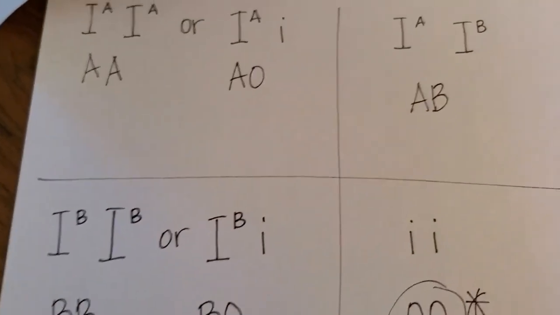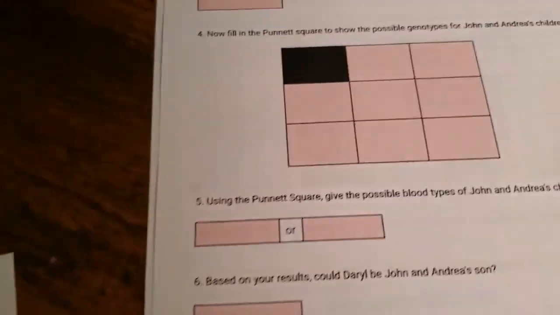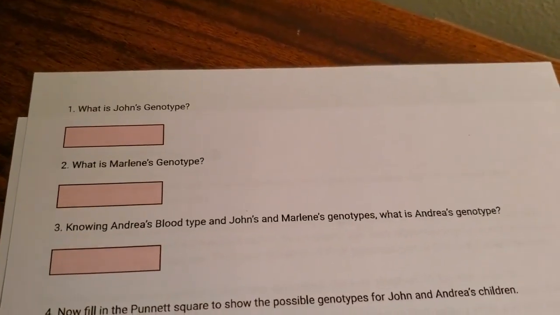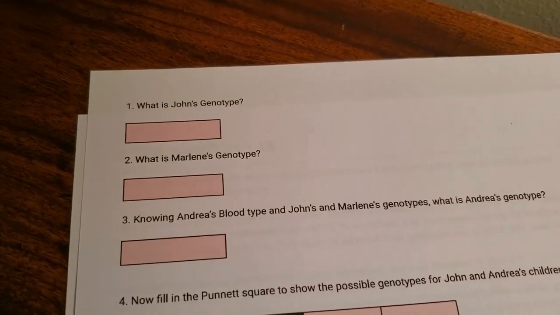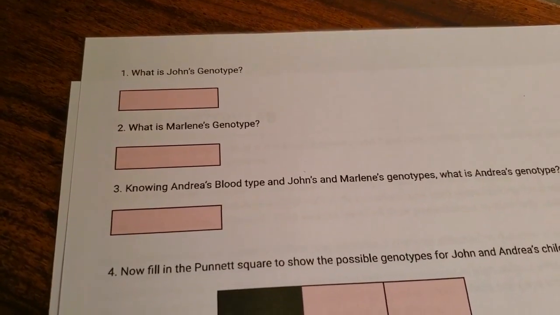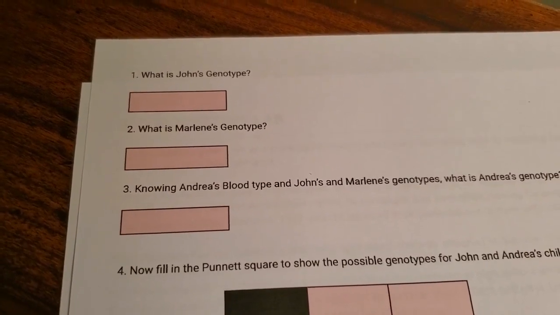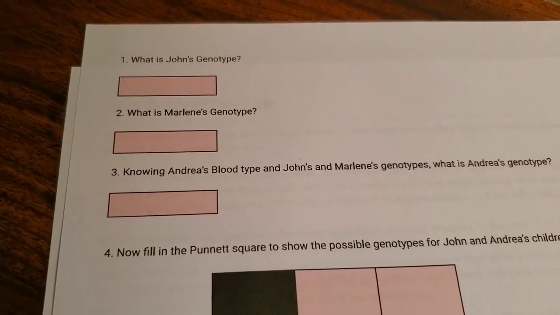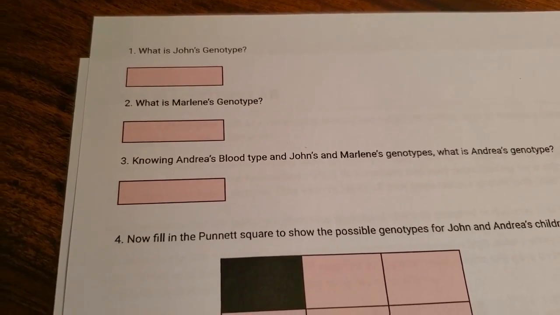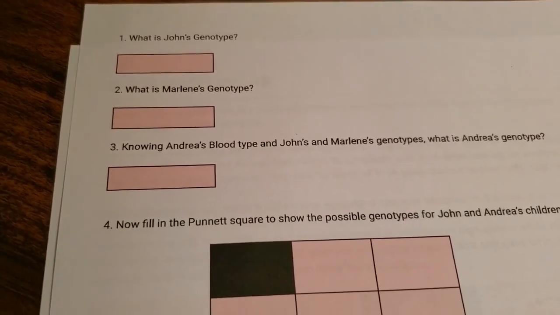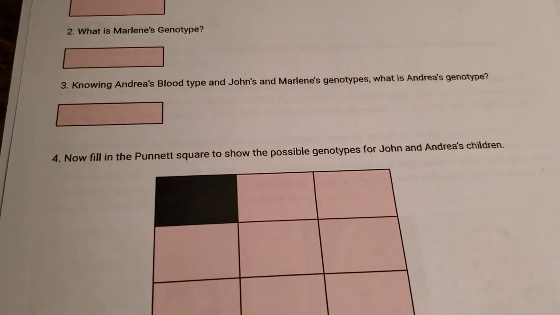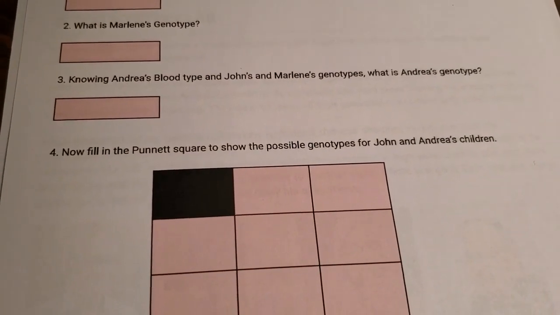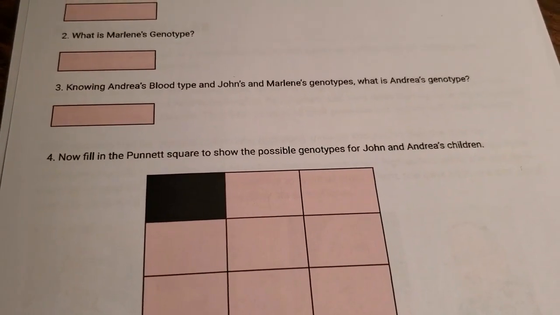So, getting back to what blood types you'll write down here for John's genotype, you can write it down as the 2 capital letters, whether it's AA, AB, OO, whatever you have discovered John's genotype is, and Marlene's genotype. And we can tell by the test we just did. What we can't tell is what Andrea's genotype is. There's 2 choices.